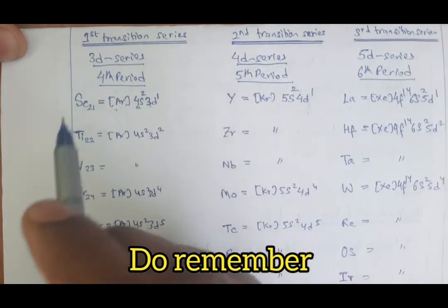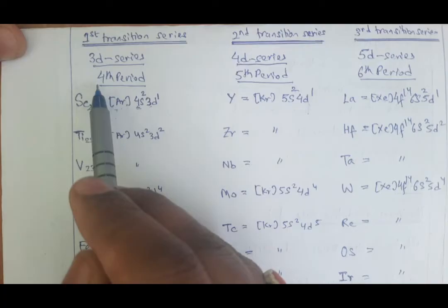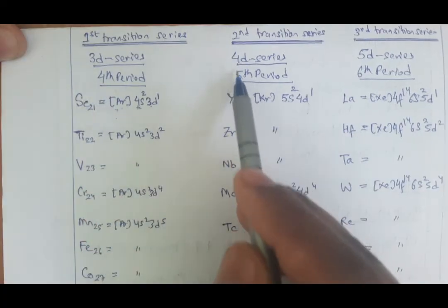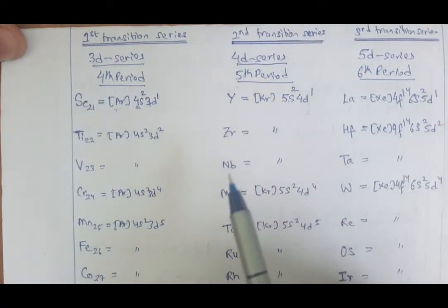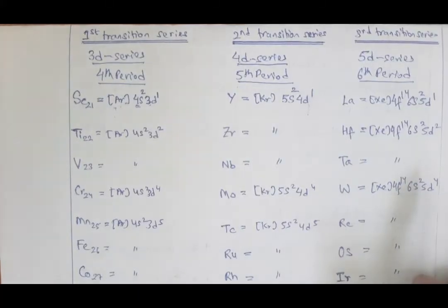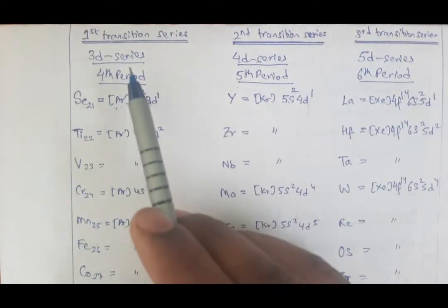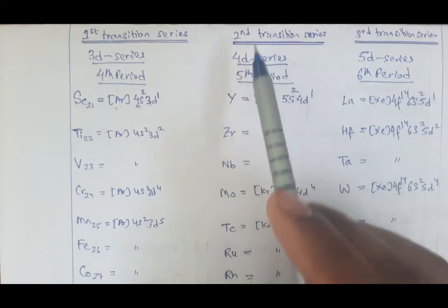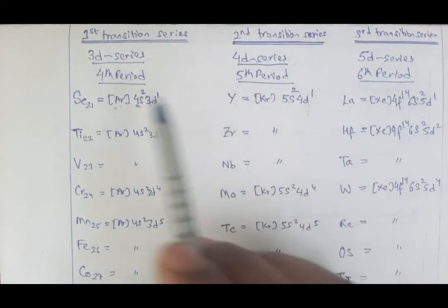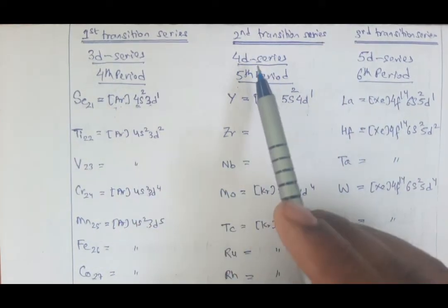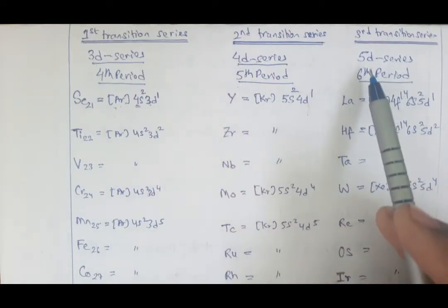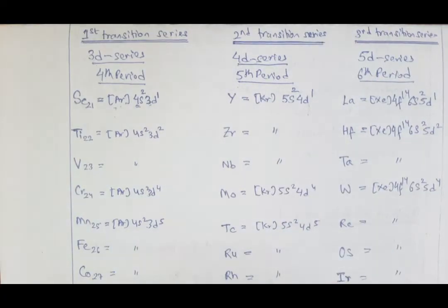It's very easy to remember, one higher: 3d belongs to the fourth period, 4d belongs to the fifth period, 5d belongs to the sixth period. So do remember in which period they belong in the periodic table. Hope you all understood till here.